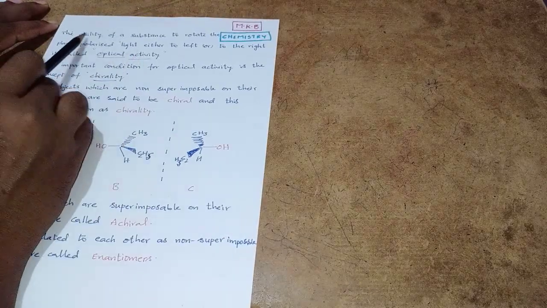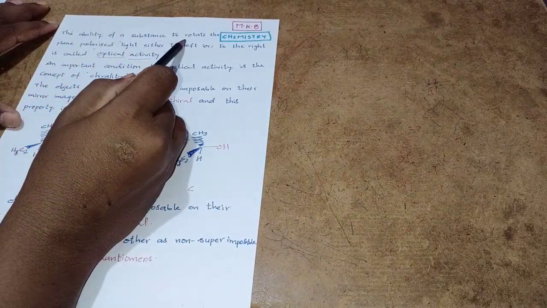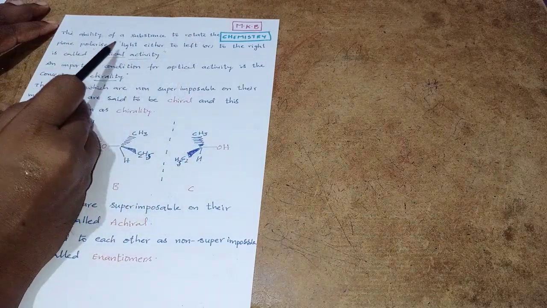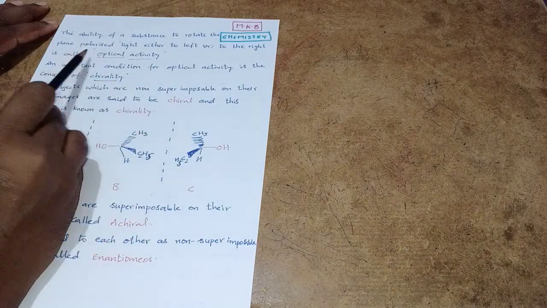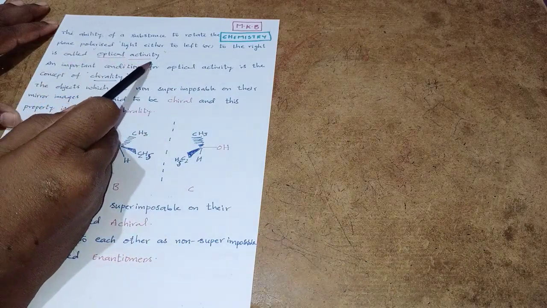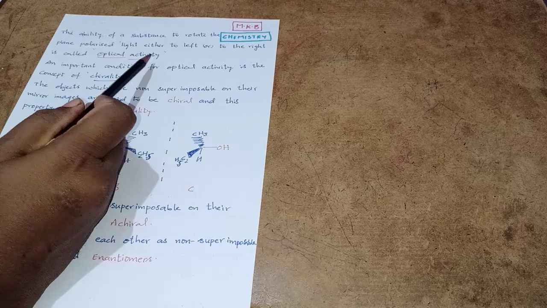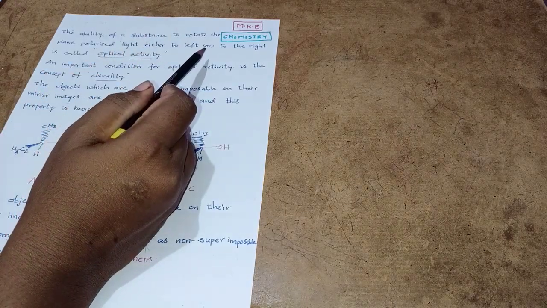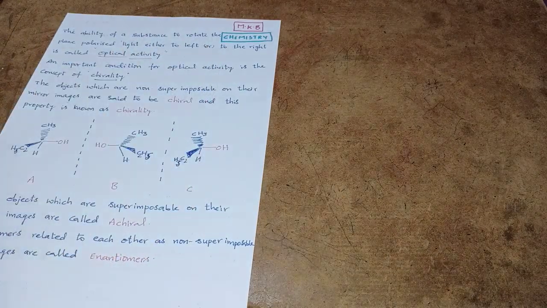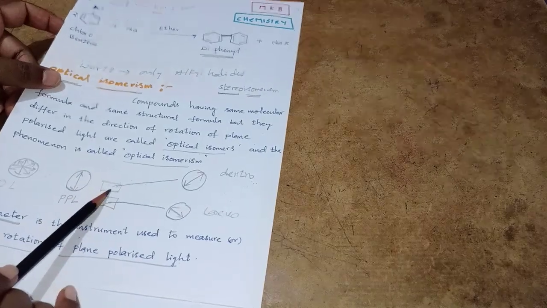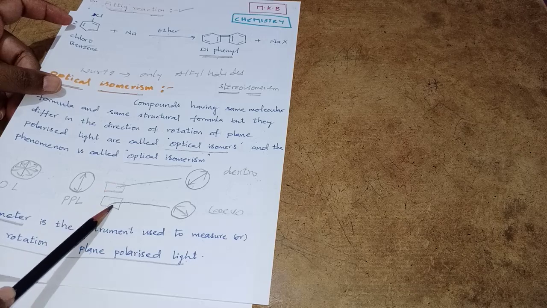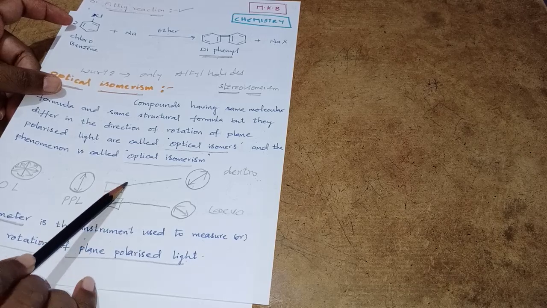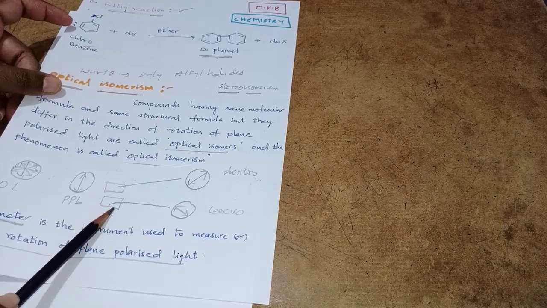Optical activity is the ability of a substance to rotate the plane polarized light either to the left side or to the right side, and the substance is called an optically active substance. So if the substance rotates the plane polarized light, it is called optically active, and the property is called optical activity.